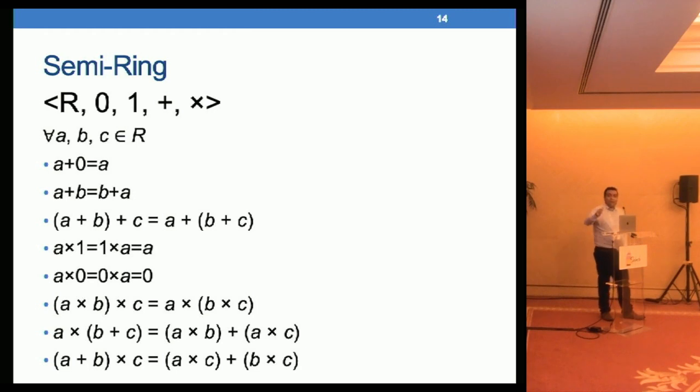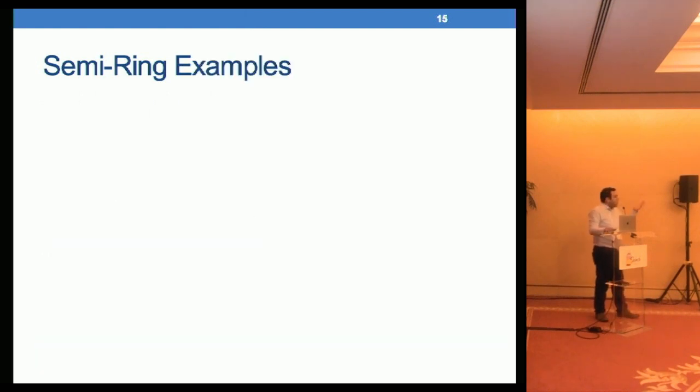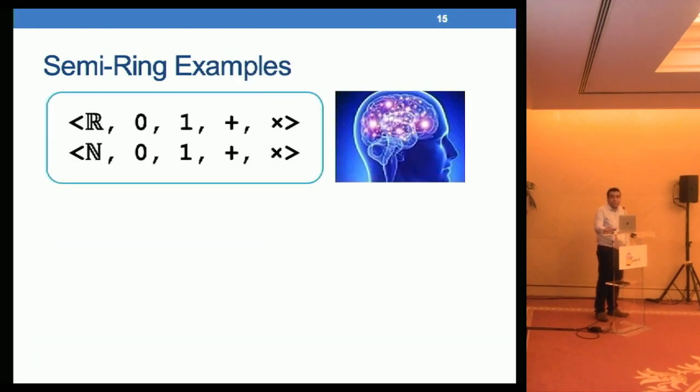And we have a bunch of quite intuitive rules, axioms, defined for a Semiring structure. One of the most important ones is the distributivity law, or the factorization rule, that connects these two operators together. Some examples of Semirings are the real number and natural number Semirings, which are kind of obvious.